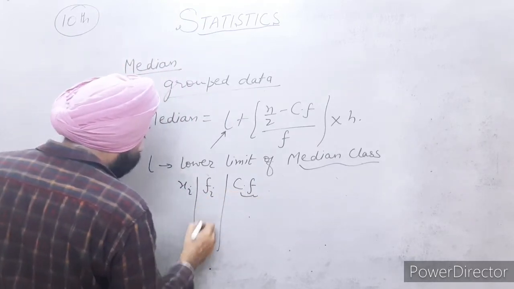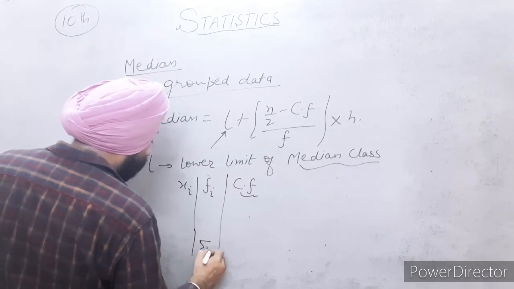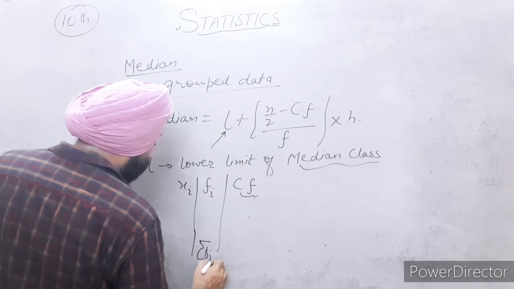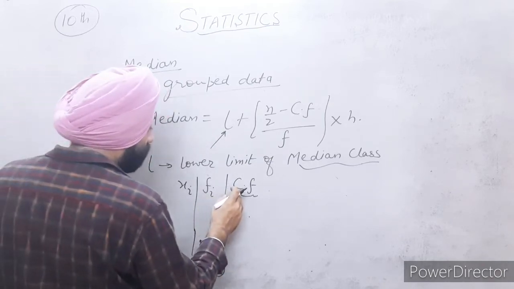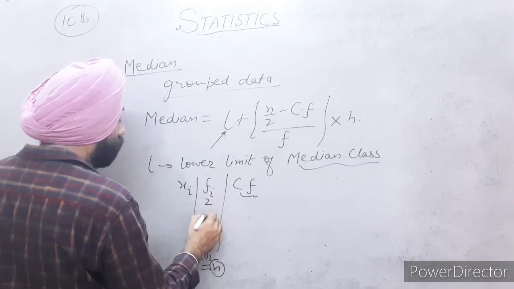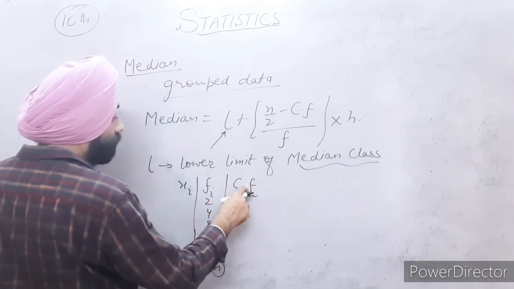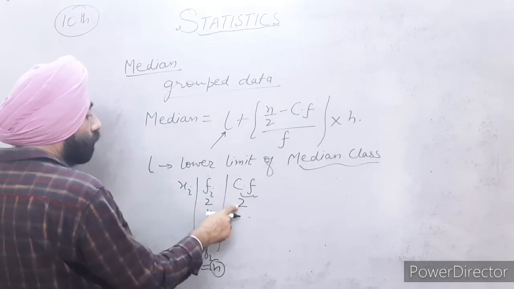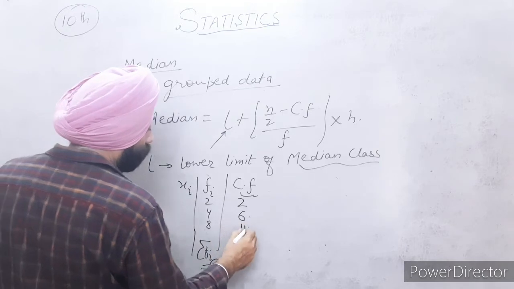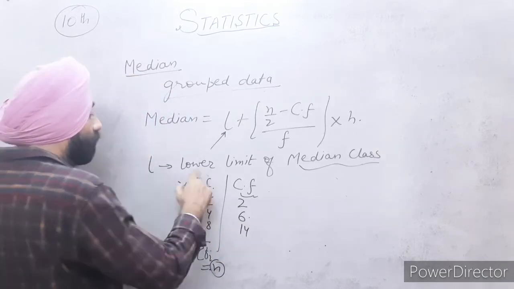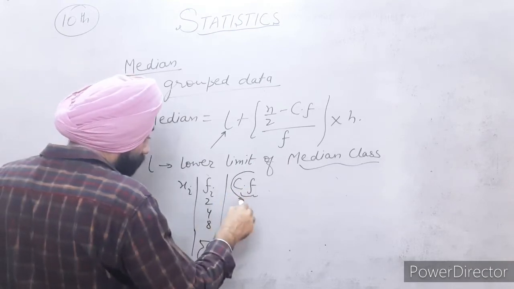The sum of this frequency, summation of fi, is equal to n, the number of observations. Then Cf is calculated, say it's 2, 4, 8 and so on. We write 2 over here, then 2 plus 4 is 6, plus 8 is 14, and so on. We will locate the median class from this.